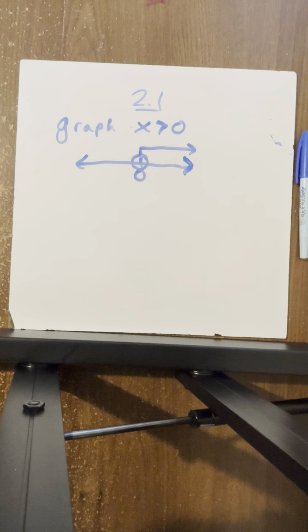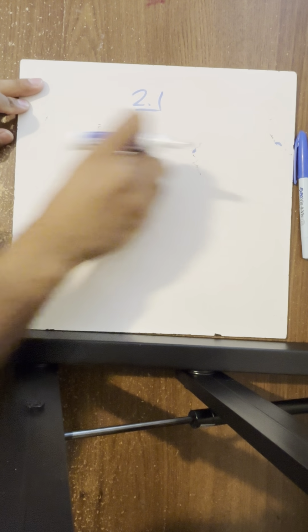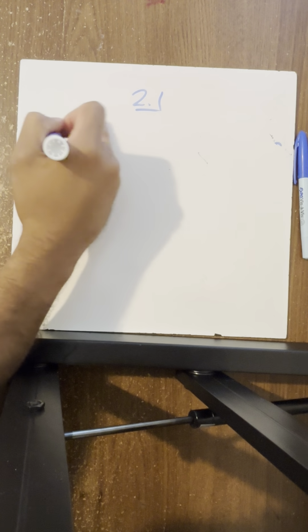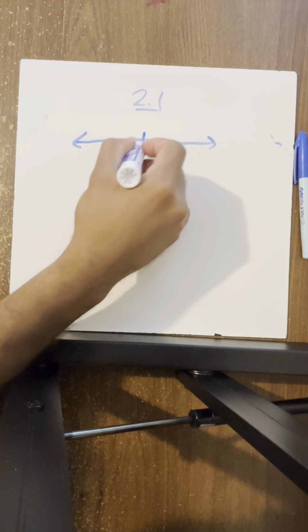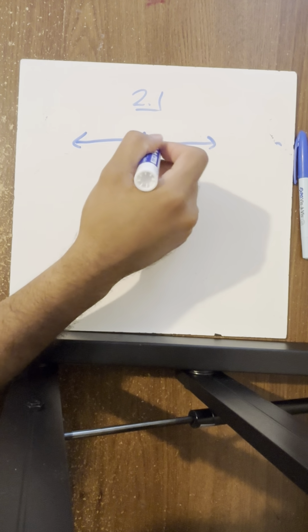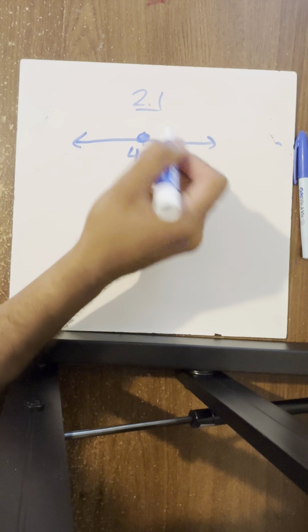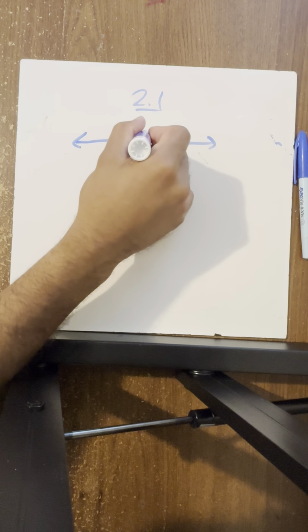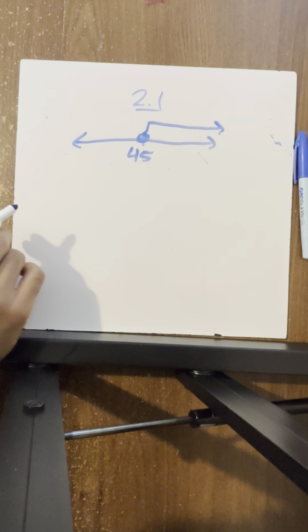All right, let's take a look at the next concept that will have us write an inequality given a graph. So we're going to be working backwards this time. If we had something that looked like this, let's say we had 45 and it was a closed circle with all the numbers that are that way.